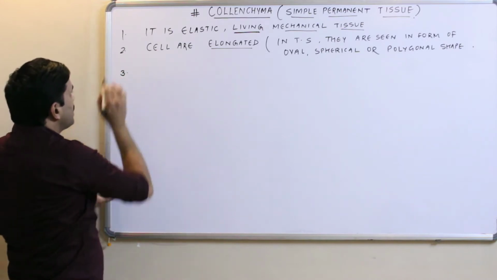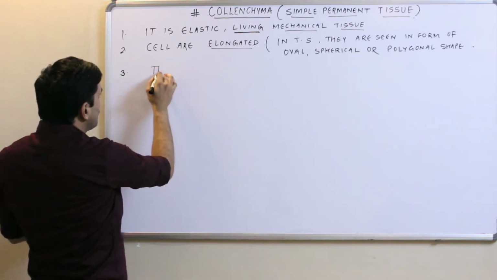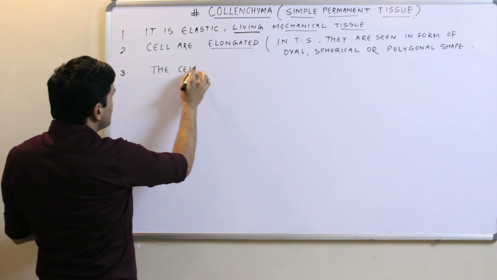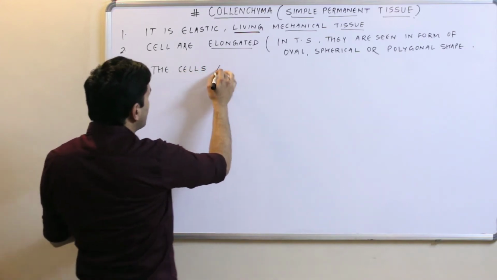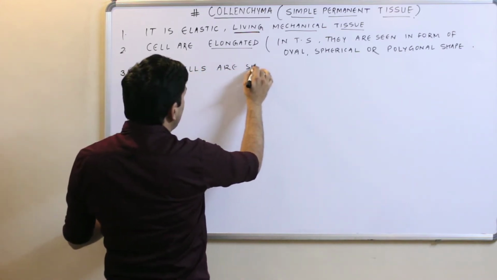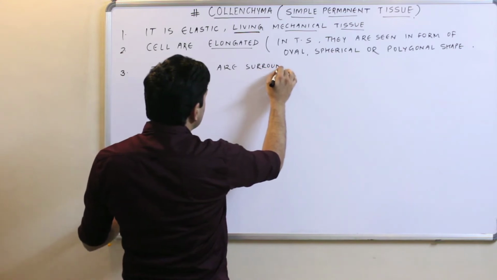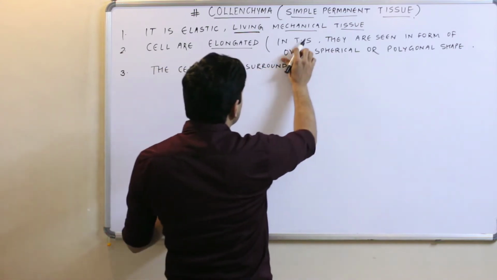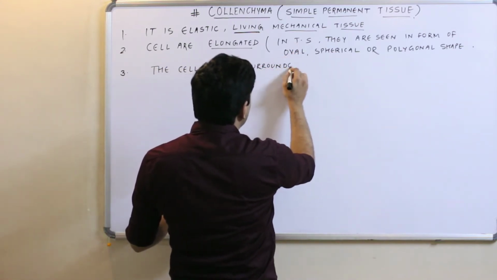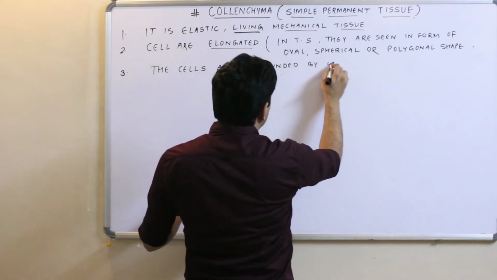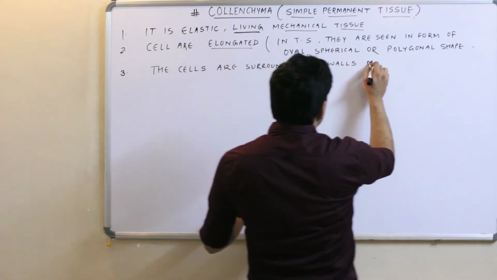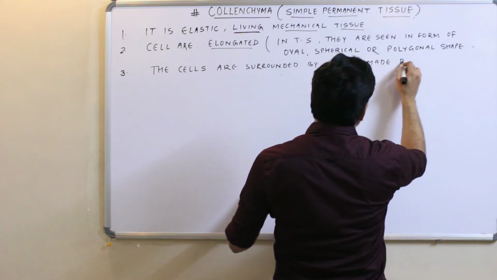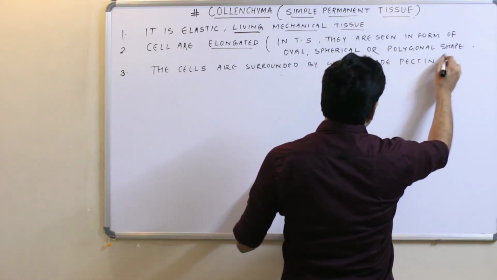Now the cells are surrounded by walls made of pectin.